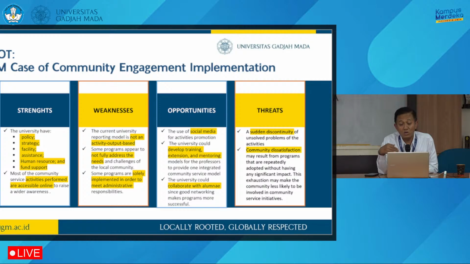But when we talk about the impact and the output of those activities, this has become an opportunity and also a weakness that has to be improved in the future. There are also administrative matters, not the substantial ones, which become weaknesses and opportunities too.